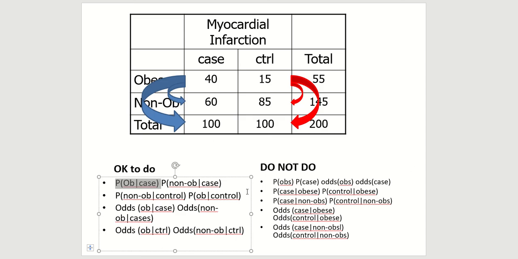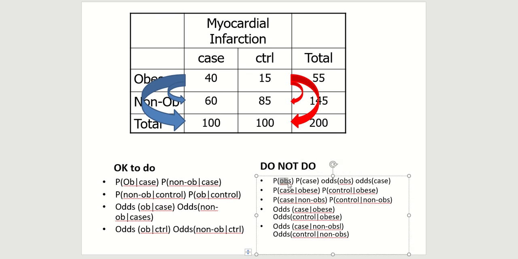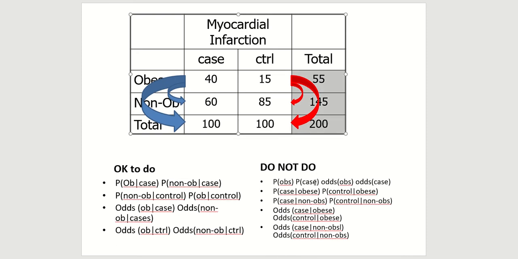So let's go back to our slide. The things that are not okay to calculate are, for example, the probability of the outcome or the proportion of the whole. 55 over 100 is not okay to calculate. 100 over 200 is not okay. Anything from the outside is not okay to calculate. And this is also true for RCT and cohort: calculating things from the outside is not okay. In RCT and cohort, you work within exposed and within not exposed, and for case control, within cases and within controls.